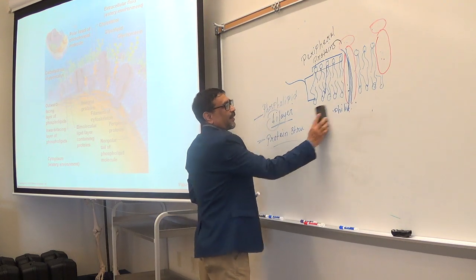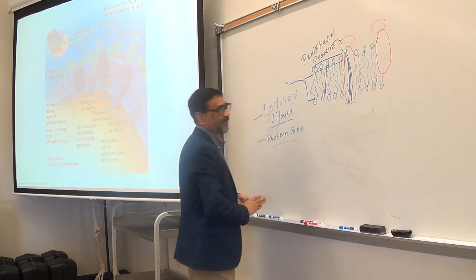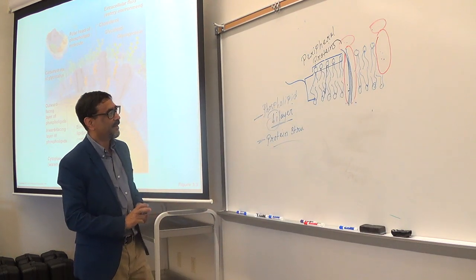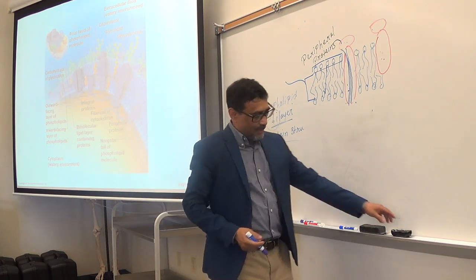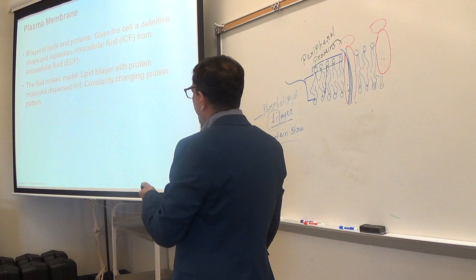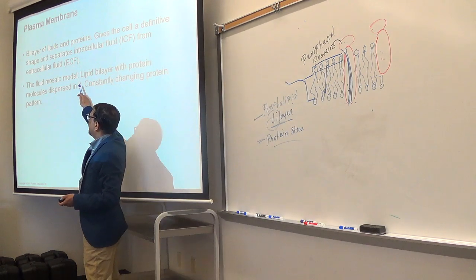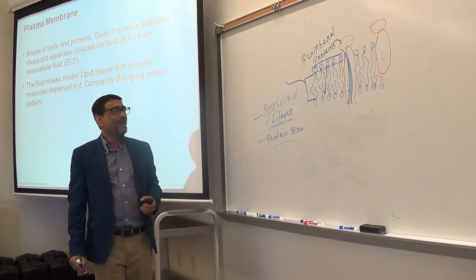So this is the main structure of a cell membrane or plasma membrane. Now, the structure of a cell membrane, there is a model to explain the structure of the cell membrane that is called fluid mosaic model. Why?